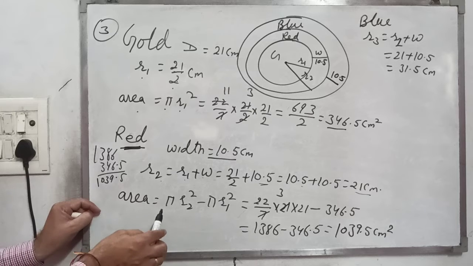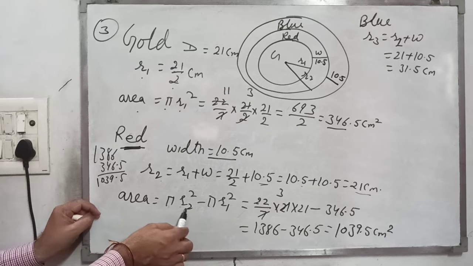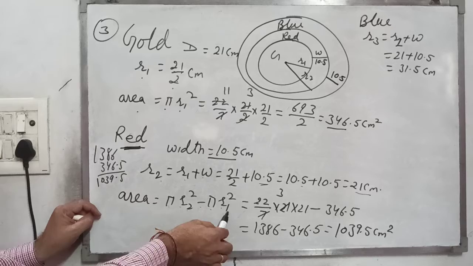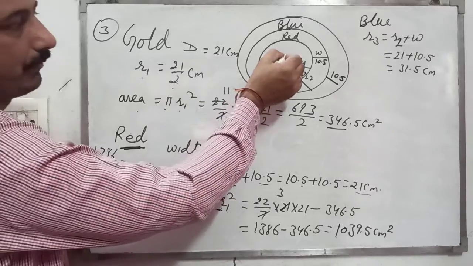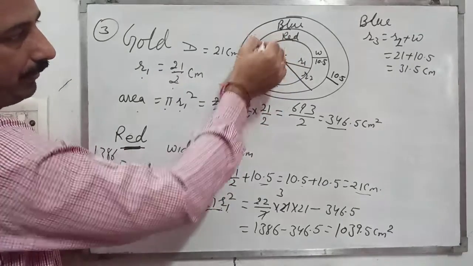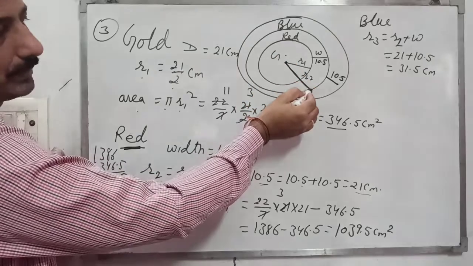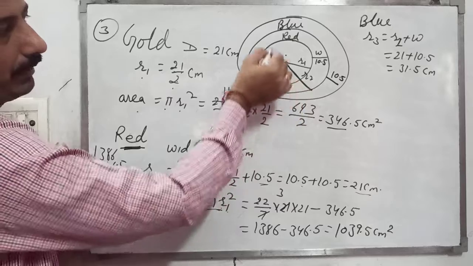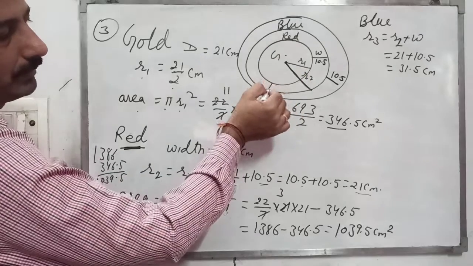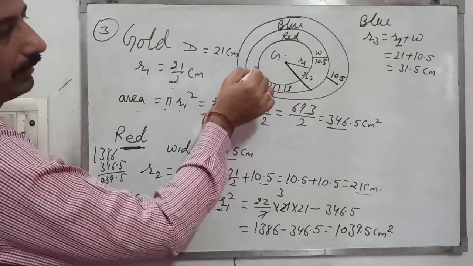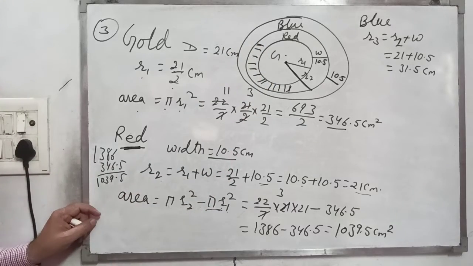So the area is pi r2 square minus pi r1 square. We subtract the area of gold from this, and you find the area for the red part.